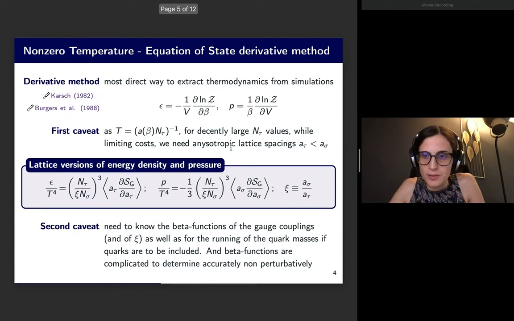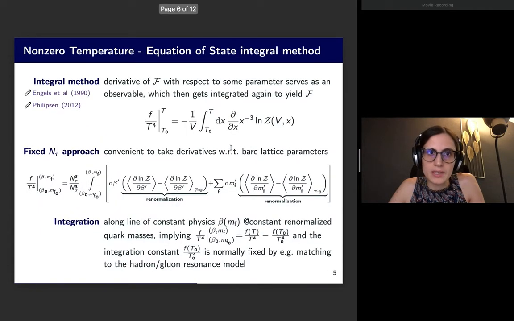Therefore, since there are so many caveats, it will not come as a surprise that the most used method is actually not this one, but rather the integral method. In the integral method, what you do is you take derivatives of f with respect to some parameters, and these are serving as observables, and then you integrate them back again in order to obtain the free energy or the free energy density, which I'm indicating by a small f.